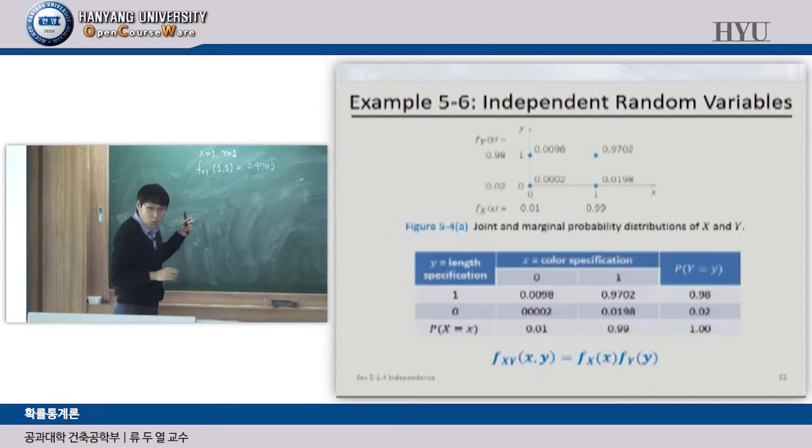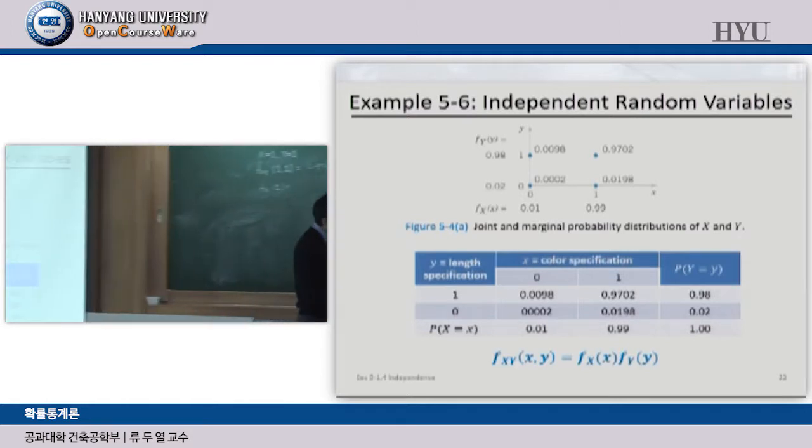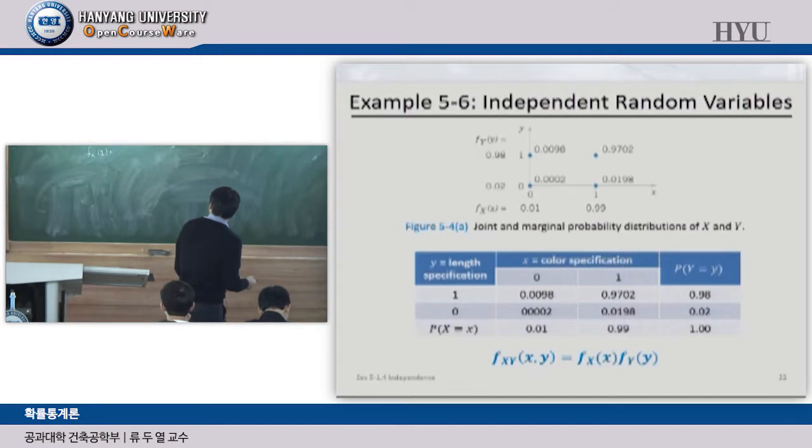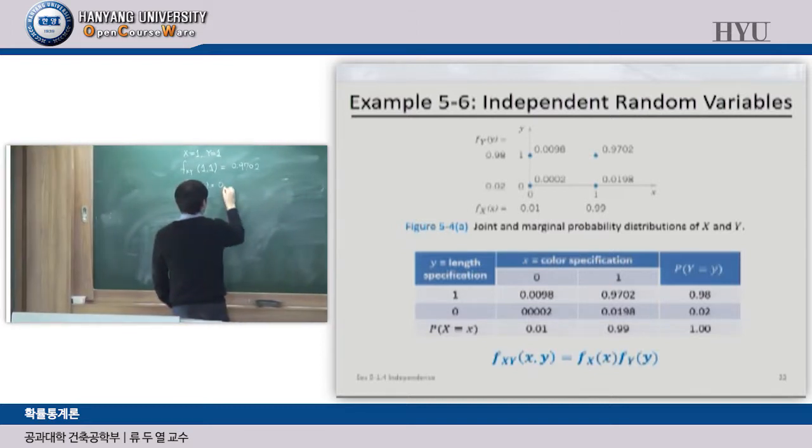And in this case, we are going to calculate the marginal probability mass function, f_X. And what is this? Based on this table, the marginal probability mass function of x when x is equal to 1 is 0.99.